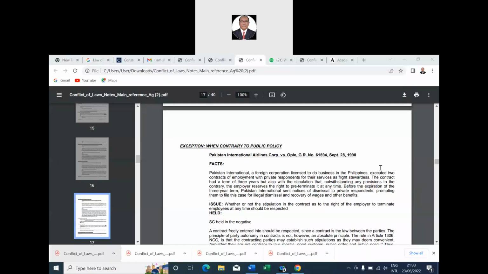The contract had a term of 3 years, but with the stipulation that notwithstanding any provisions to the contrary, the employer reserves the right to pre-terminate it at any time before the expiration of the 3 years term.